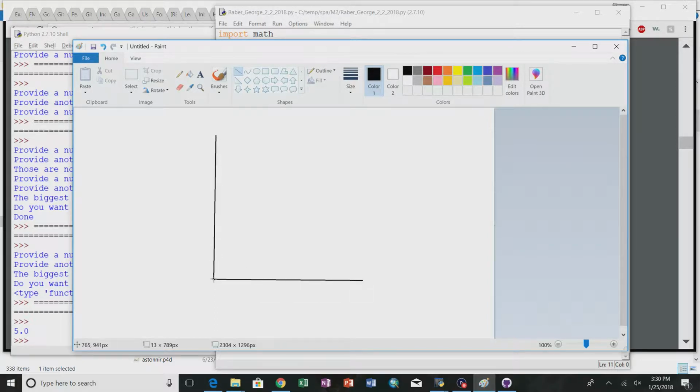So if that represented Cartesian coordinates, if I went over 1 unit and up 2 units, that would be my point right there. And then if I went over 4 units and up 6 units.